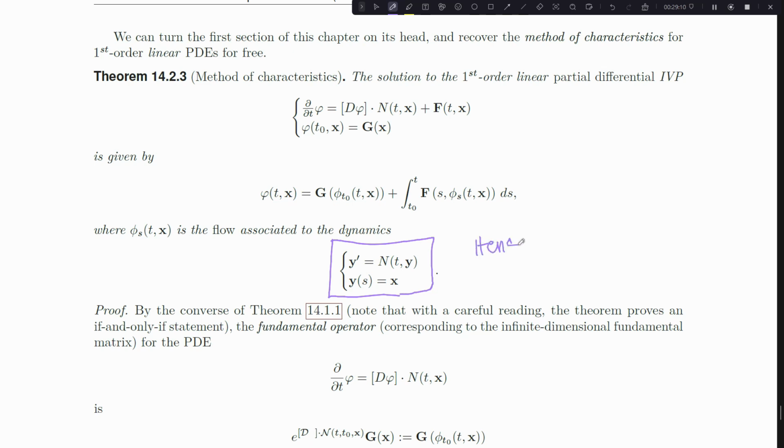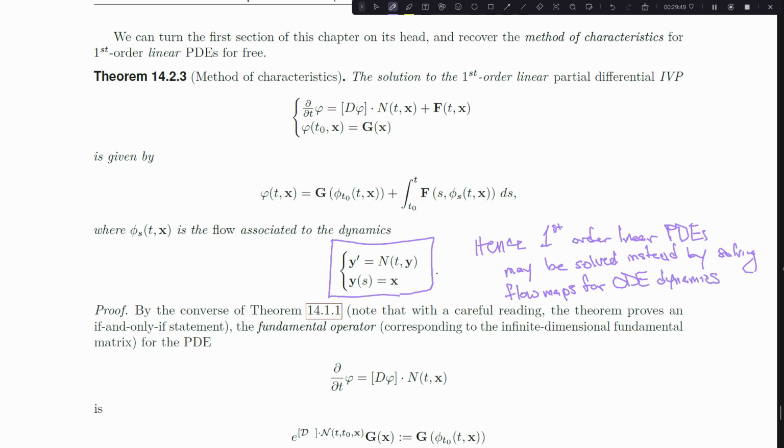Hence, first order linear PDEs may be solved instead by solving flow maps for dynamics. And these dynamics are ODEs, flow maps for ODE dynamics.